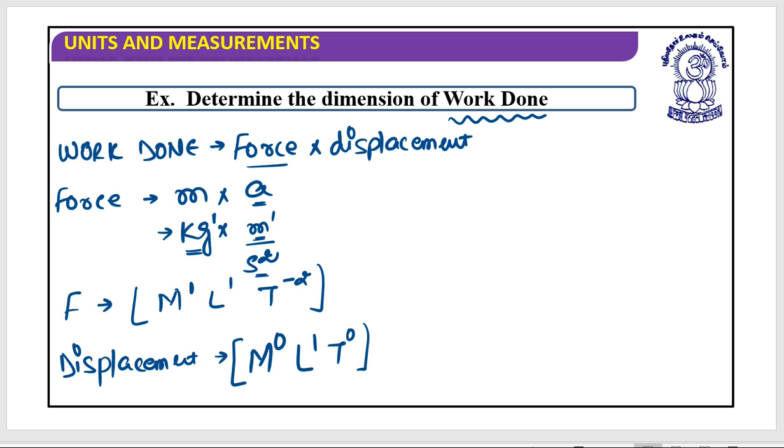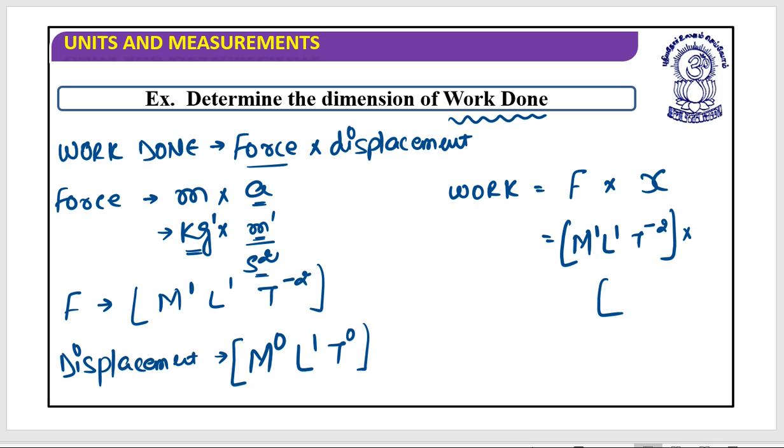Now work done, or sometimes it is called just work. So this is force multiplied by displacement. Here I have written F as the force and X for the displacement. What is F? It is M1 L1 T minus 2, multiplied by displacement, which is M0 L1 T0.